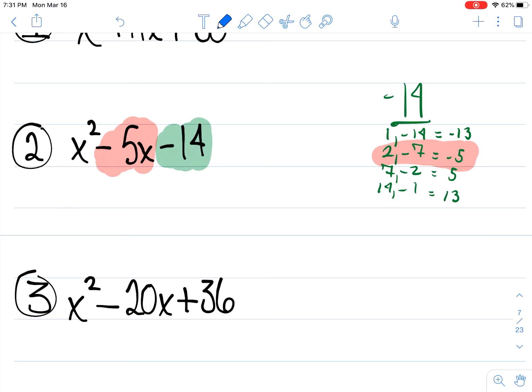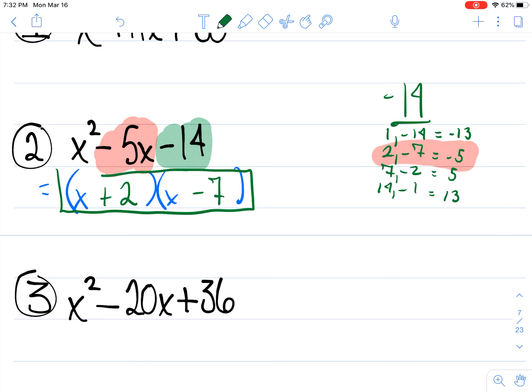Now the rest of it is just putting it in the right form. I'm going to make my two groups, like so. Put an x in each group, and then one number from the factor pair. So I'm going to have plus 2, and I'm going to have minus 7. And that's the final answer. It's all finished.